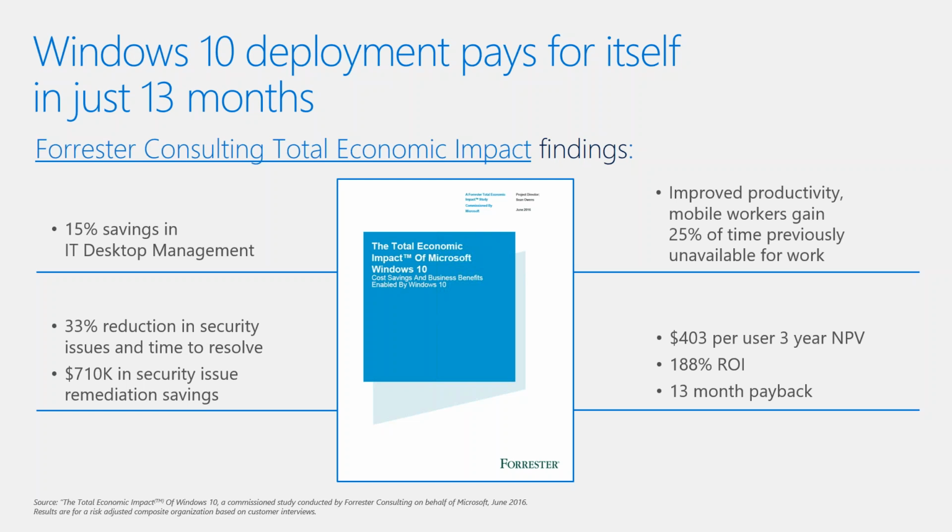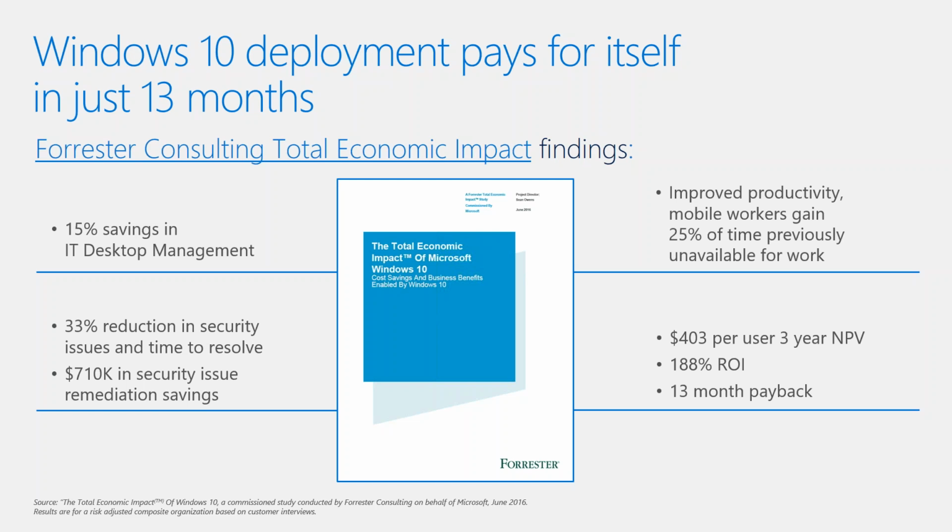So the three key things I wanted to hit are the 15% savings in IT desktop management. Windows 10 requires less IT administration time to install, manage, and support. A 33% reduction in security issues and time to resolve those issues.